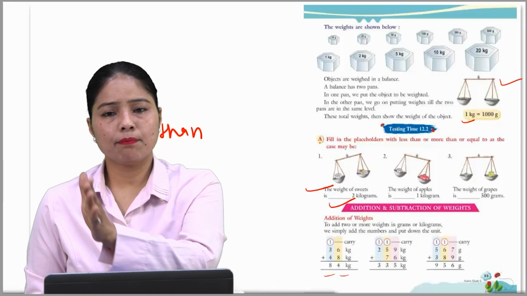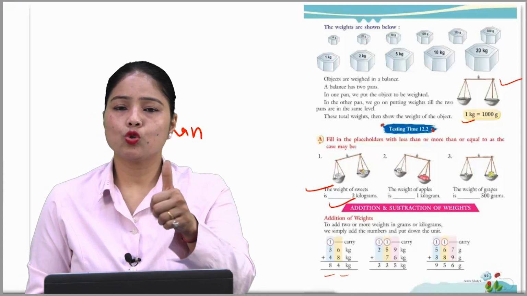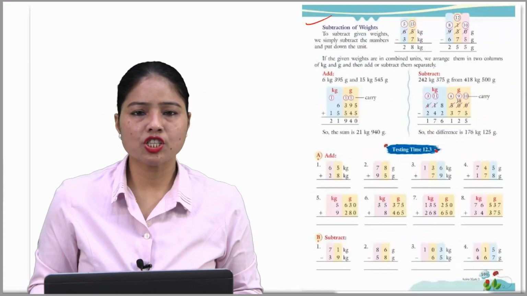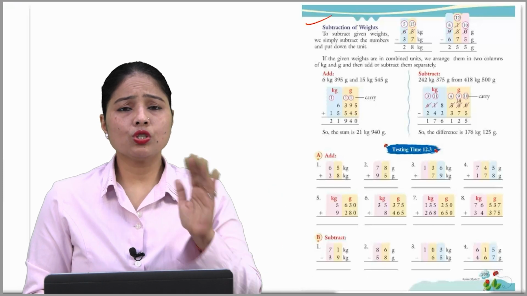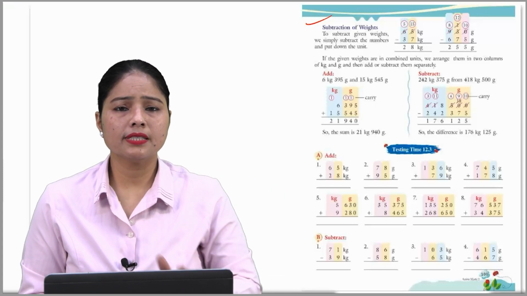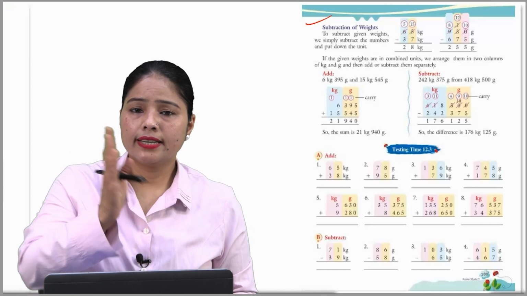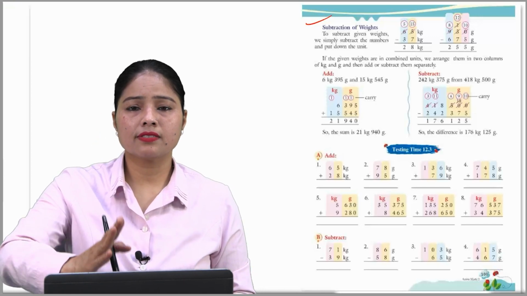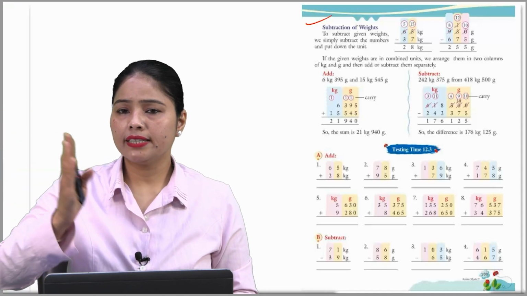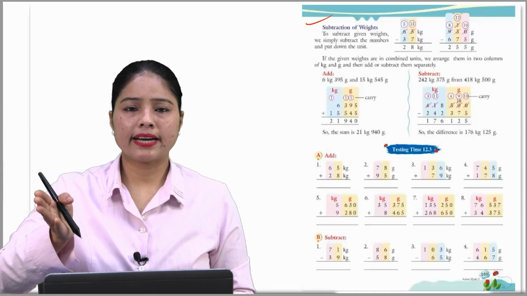Similarly, second example, third example, just read and do practice, beta. Okay. So now move on to the next one, which is subtraction of weights. To subtract given weights, we simply subtract the numbers and put down the units. Here it is given 65 kg minus 37 kg is equal to 28 kg. Similarly, next example, just read and practice well.